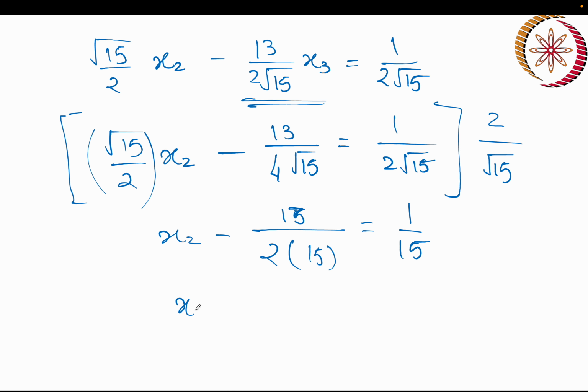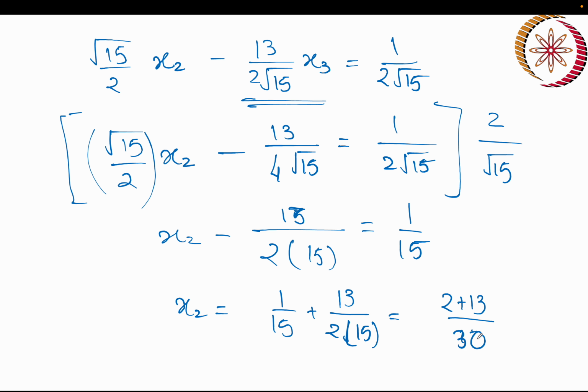Okay, so x2 is equal to 1 upon 15 plus 13 by 2 15. So it will be 2 plus 13 by 30, which is 15 by 30, equal to half. Okay, so this is the x2.